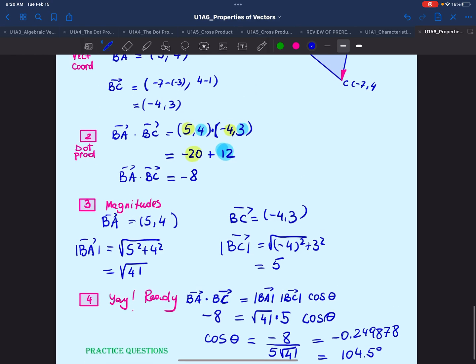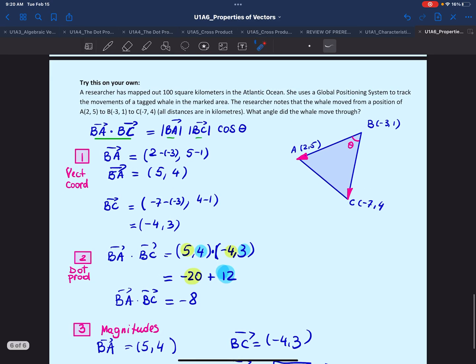So what that means is that this angle, which I probably didn't draw correctly because I didn't actually plot the correct coordinates, would be an angle of 104.5 degrees. So it seems that the whale has moved this way around. So this would be the angle theta.